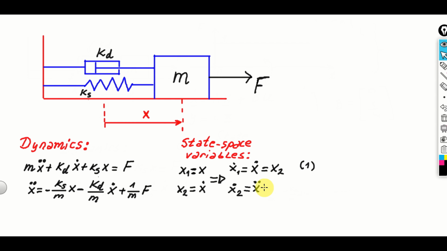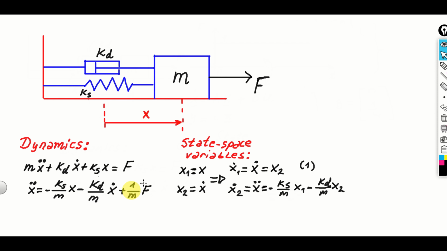So let's do that. From this equation, we obtain that this is equal to minus Ks over m multiplying, instead of x, we write x1. Then we have minus Kd over m multiplying x dot. Instead of x dot, we write x2.